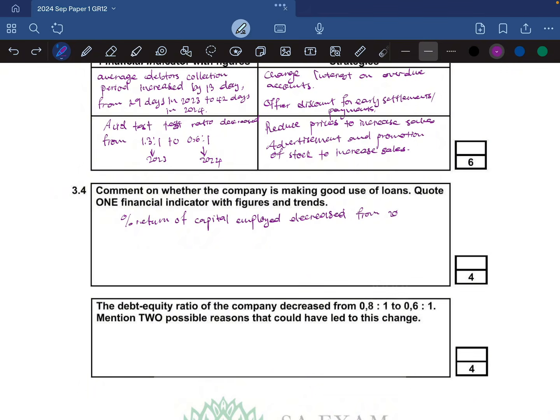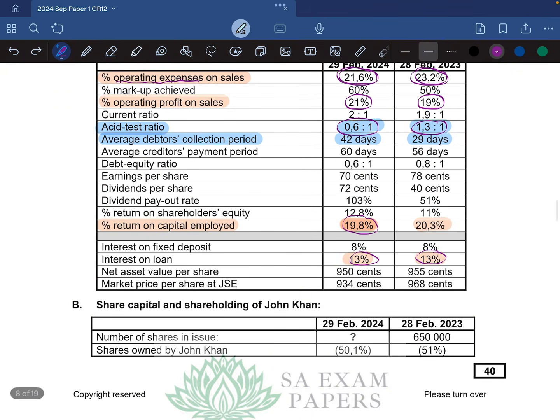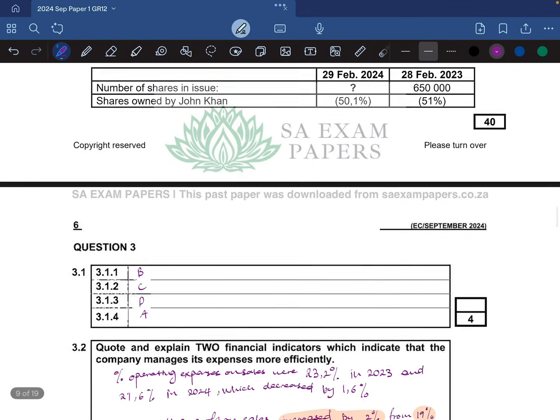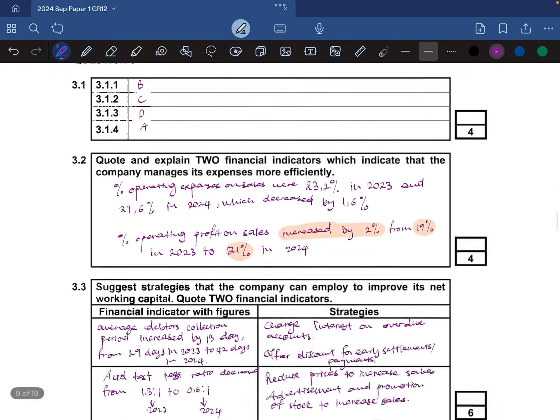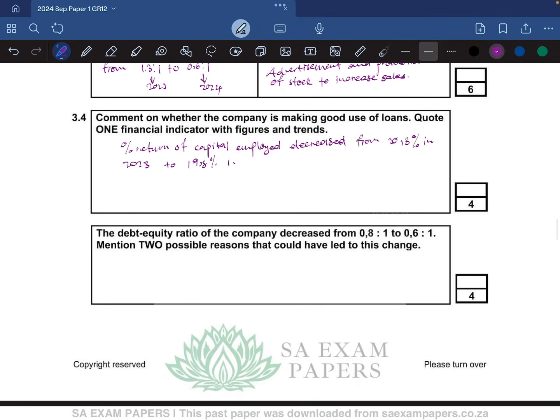Let's just make sure it's 20. Oh, it's 20.3. So it's 20.3% in 2023 to 19.8%. Let's just make sure of that. Okay, 19.8% in 2024.